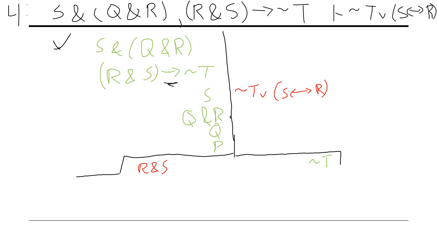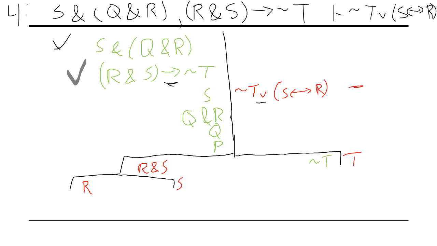Well, we split it up and put either or. Either the left hand side's false or the right hand side's false, so that one's broken up. I've got to flip this T across here. Then that one is all done. Now we just need to look at this one.